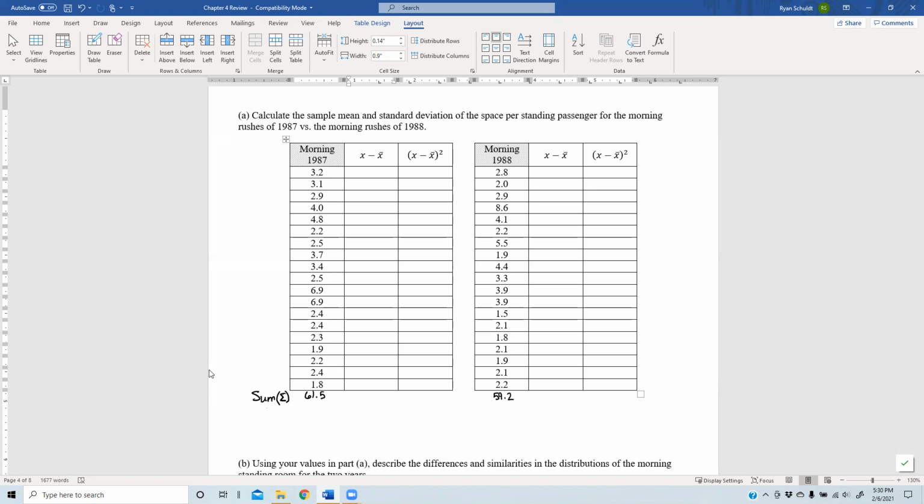Now, how many observations do we have? 1, 2, 3, 4, 5, 6, 7, 8, 9, 10, 11, 12, 13, 14, 15, 16, 17, 18, 19.